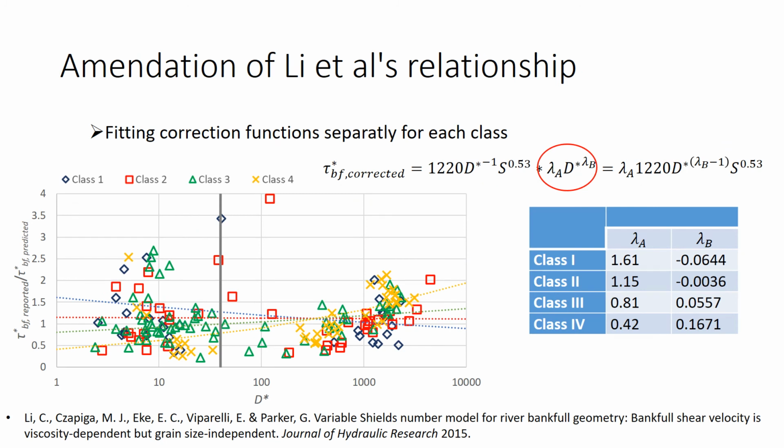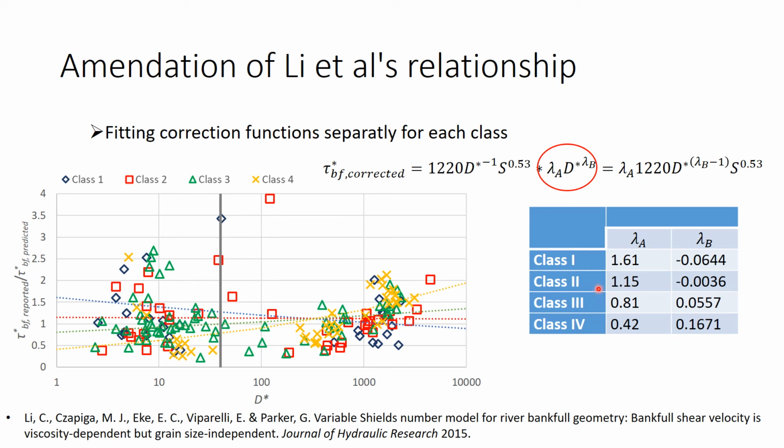Finally, we attempted to improve the relation of Li et al. by considering riparian vegetation. We fitted exponential functions to the reported and estimated value ratios separately for the four classes.